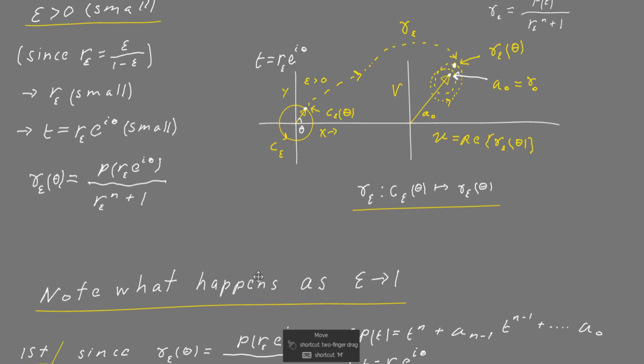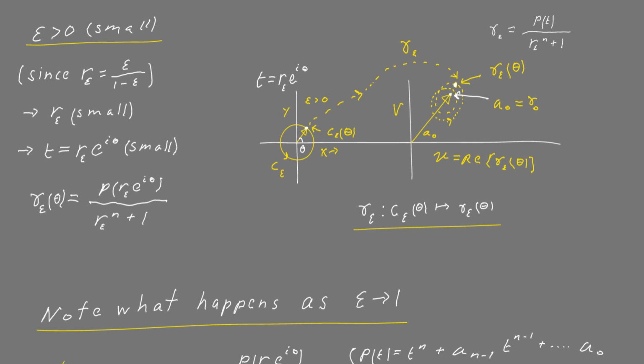So altogether, what's going on is that when you have epsilon equal to 0, gamma maps that point to this point a sub 0. And when epsilon increases a little bit, that point splits into a circle, and gamma maps that circle onto a closed loop, which is near this point.